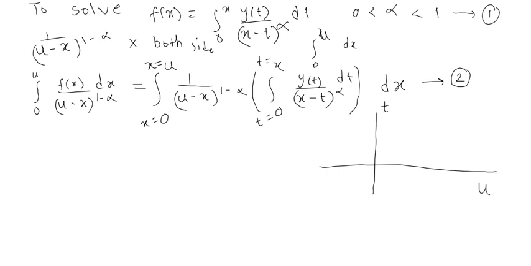We have two integration variables, x and t, so I am drawing those two axes and now I will change the limits. Initially x is varying from 0 to u, and t is varying from 0 to x.